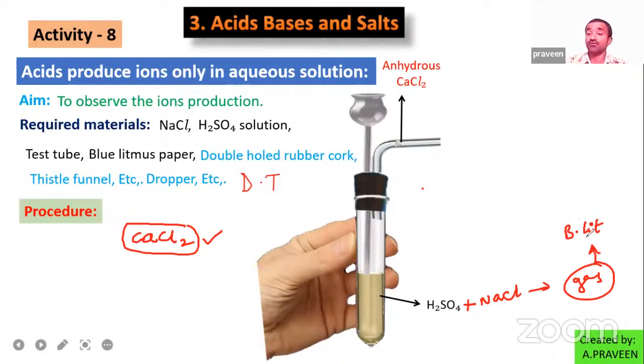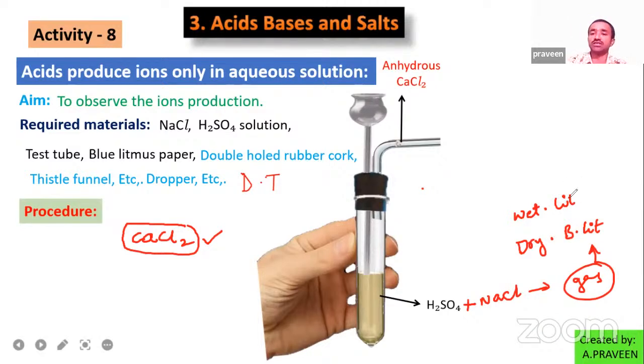We are using blue litmus paper as available in the laboratories, so we can call it dry blue litmus paper. Then observe, does it affect or not? If there is no effect, make it wet. Now we are using wet blue litmus paper.